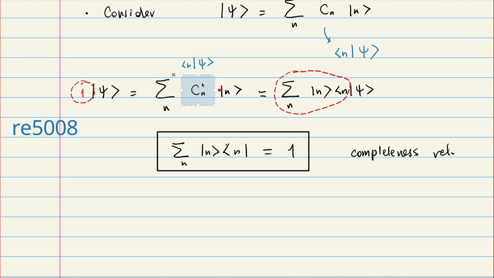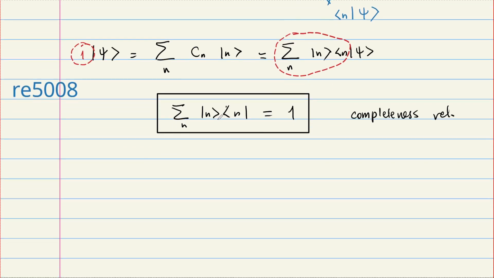I can write it here or here. I cannot write it outside the summation because it depends on the summation index. If I write it here, this is going to be |n⟩⟨n|psi⟩, exactly the same thing. And from there, I just combine this n-dependent piece in one package, and this package should be 1 if the left-hand side is equal to the right-hand side.